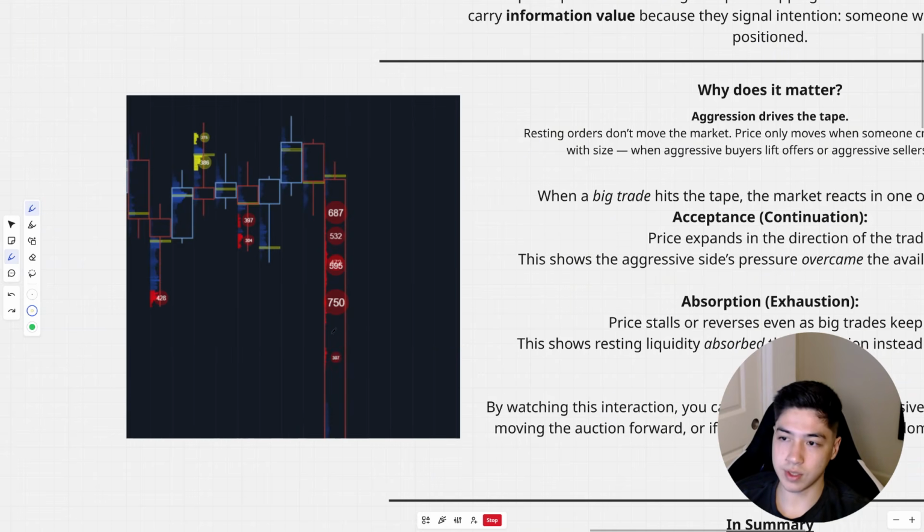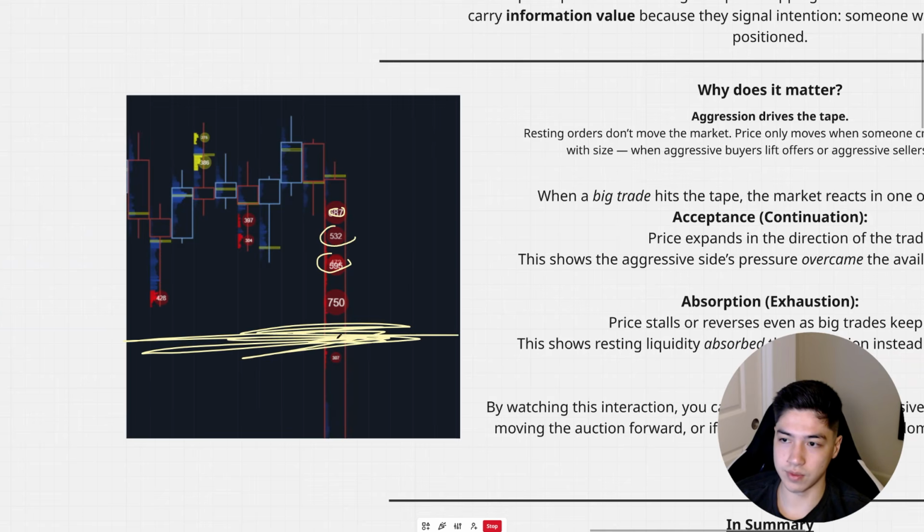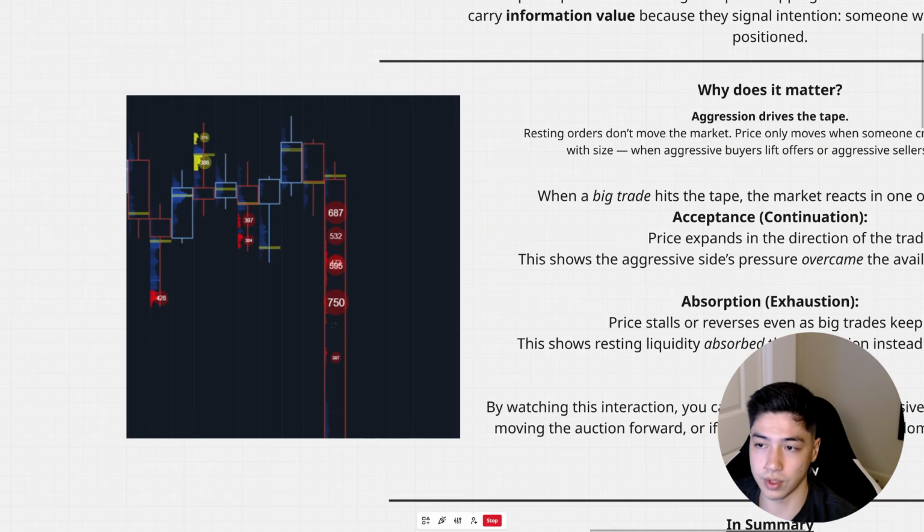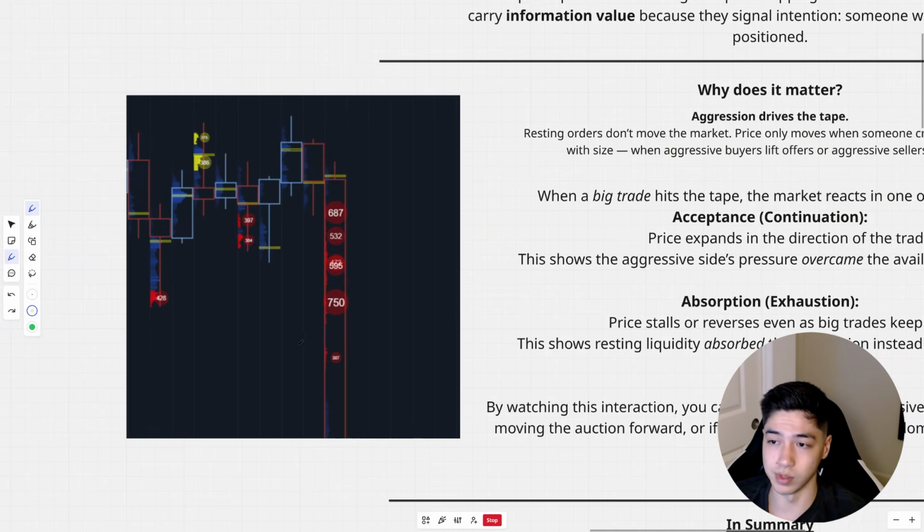When price is coming down here and you start to see all of this pressure here, here, here, you do not want to buy it here. If your level was right here, you do not want to buy it, because at that point you're essentially stepping in front of a train. I don't want to step in front of a train, and I hope that you guys don't want to step in front of a train either, because you are going to have your stop loss just get obliterated really quickly.